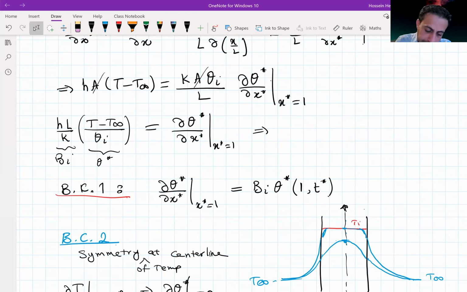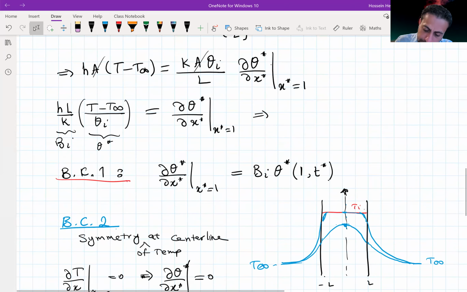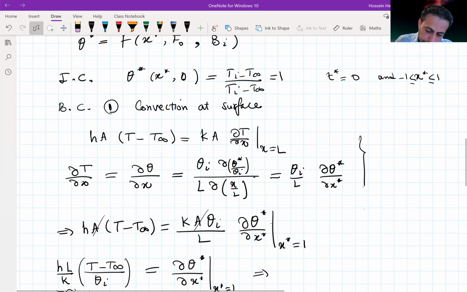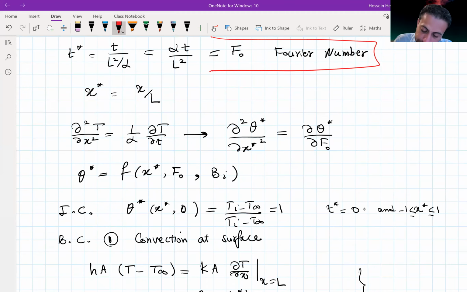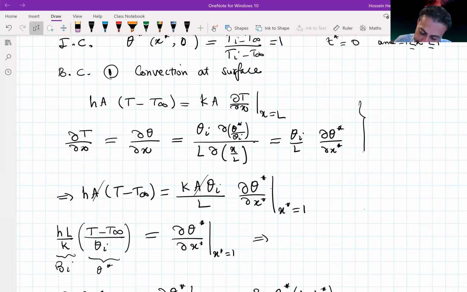So we have two dimensionless numbers, and the solution will be a function of x star, the Fourier number or T star, and the Biot number that is coming from the boundary conditions that we had here.